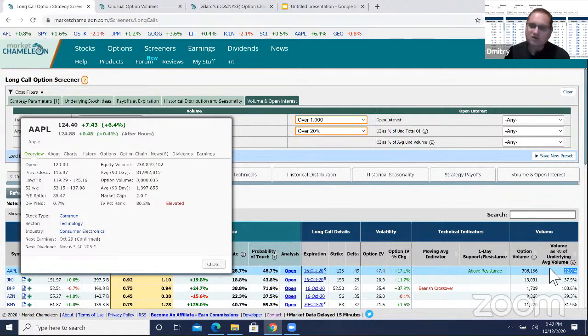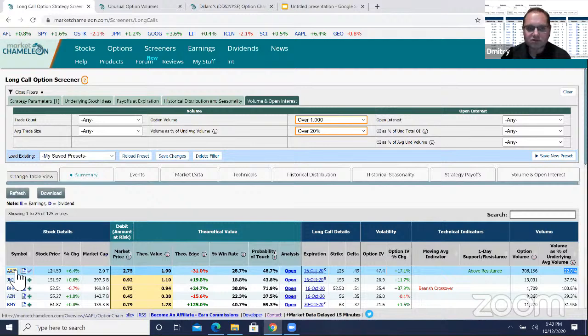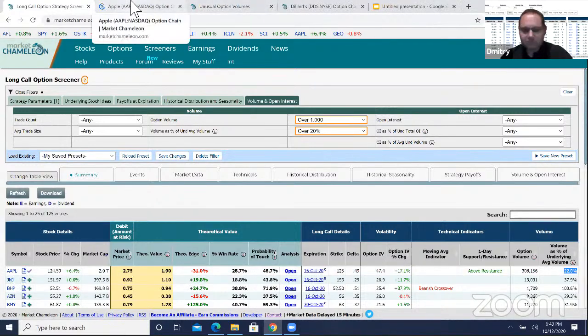That represents 22% of the average daily option volume, and you could imagine if you go to Apple, they have hundreds of strikes, multiple expirations, so lots of different calls and puts, lots of different options there. So this one option alone represents 22% of the average daily option volume. Just to give you a visual on Apple, let's see what this means, 22% just in this one contract, one line.